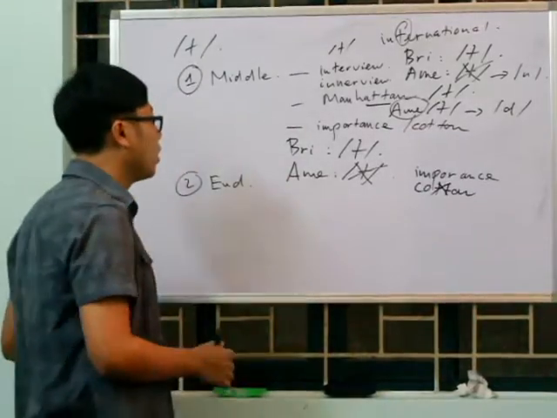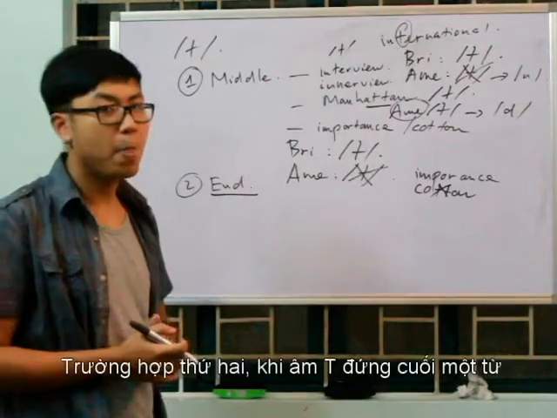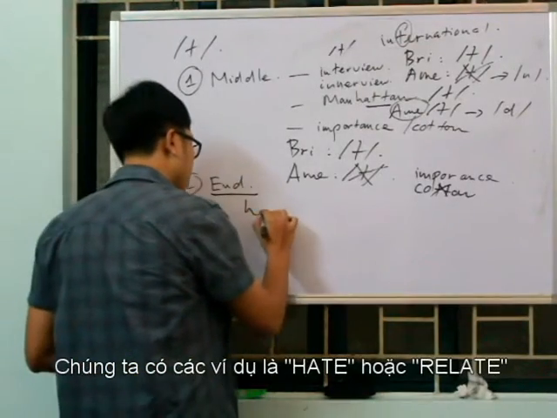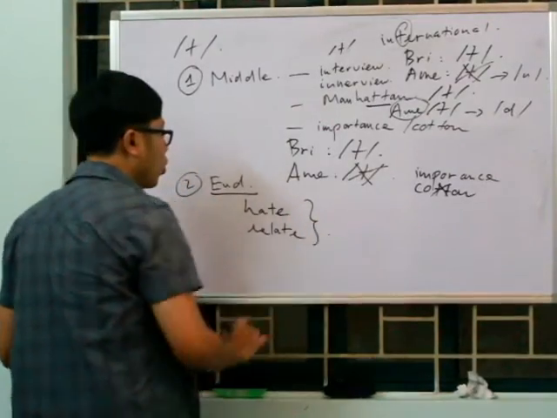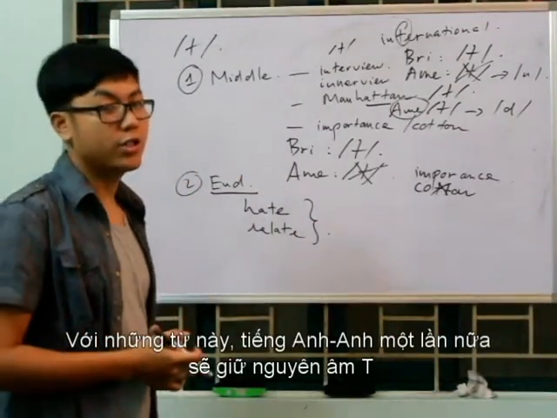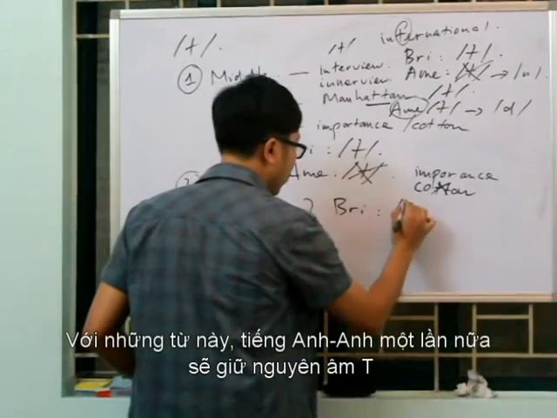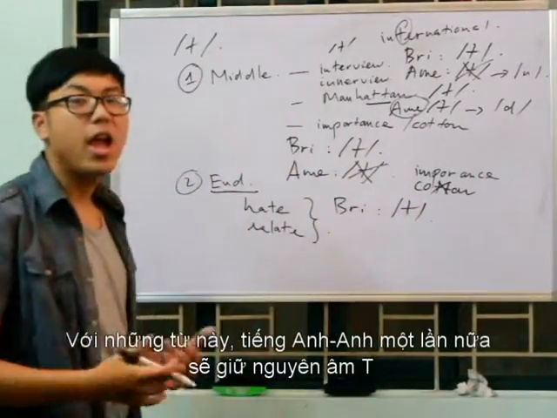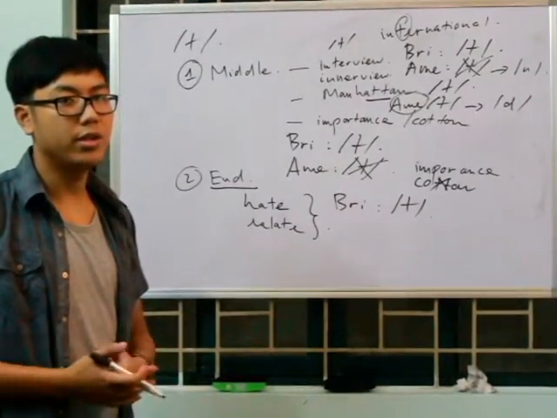Okay, so when T is standing at the end of the word, we have hate or relate. With those discussed words, British accent has a T. Hate, relate.